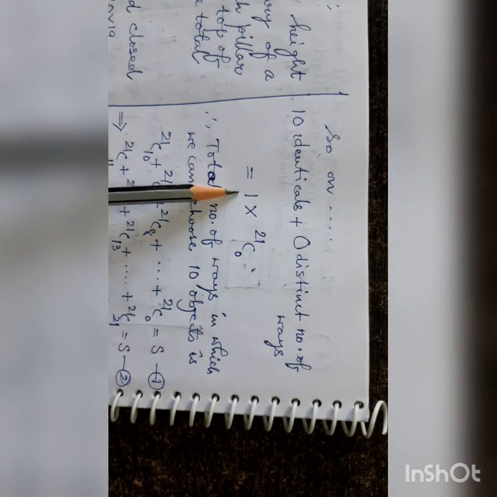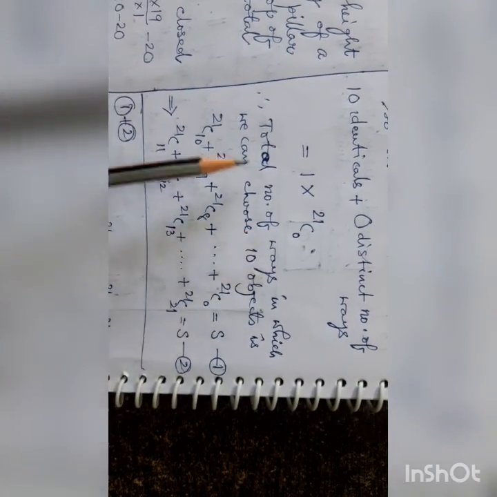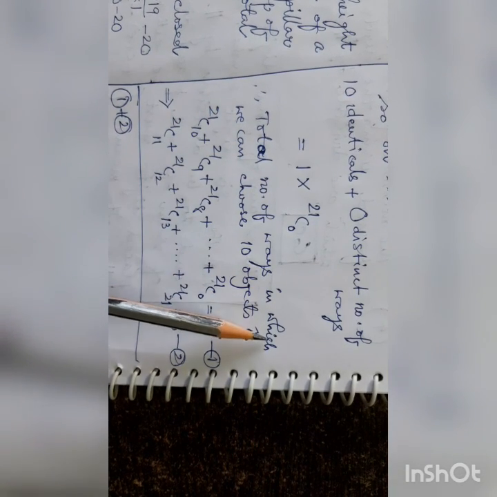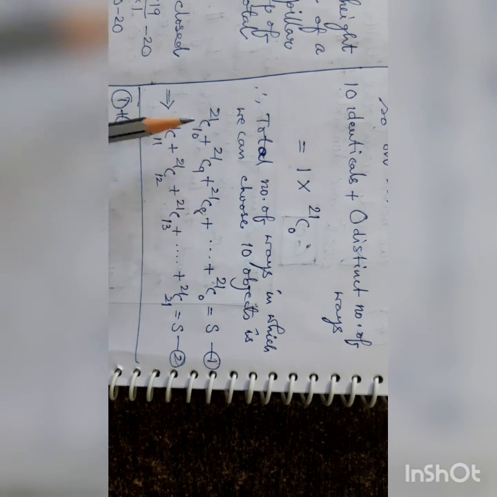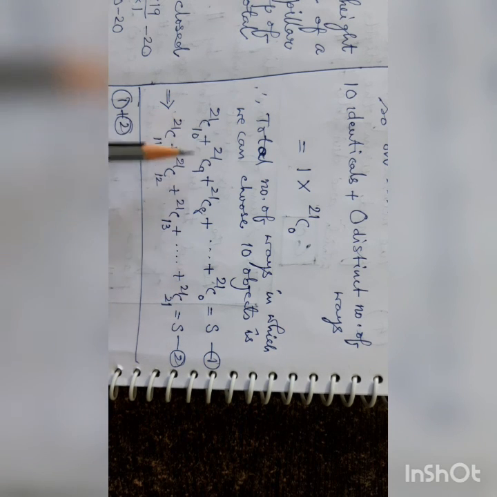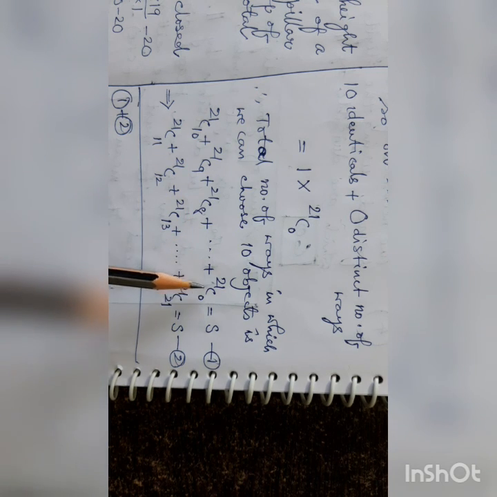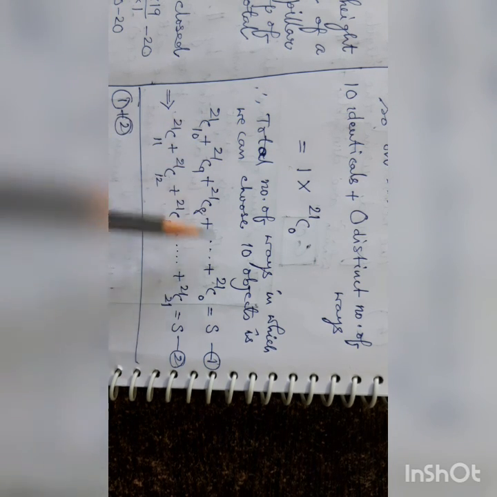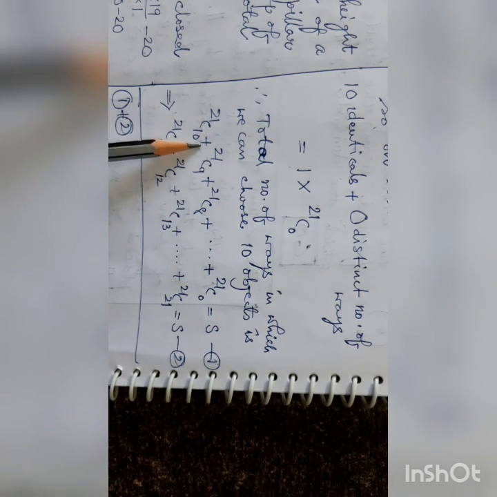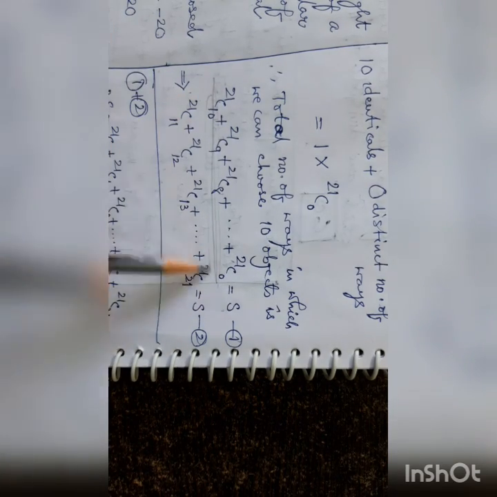One way, and 0 distinct, 21C0. Like this, we will add all the cases. Cases 1, 2, 3 are combined with the plus sign, meaning either this or this or this. If you add these, you will get the answer.